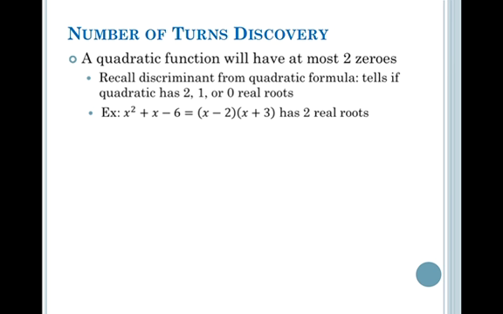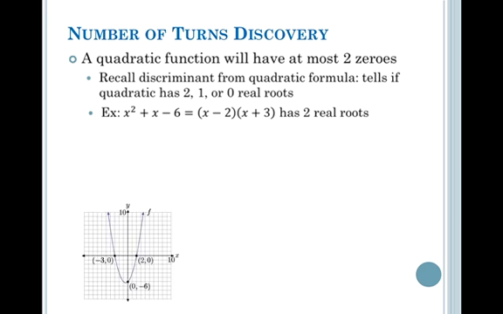So our first example is x squared plus x minus 6. If you factored that, you would find that you have two different roots. Here they would be 2 and -3, since those are the x values that make each factor 0. And if you graphed this, you would see that your quadratic crosses the x-axis twice.